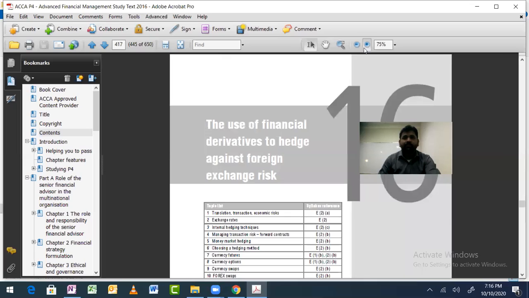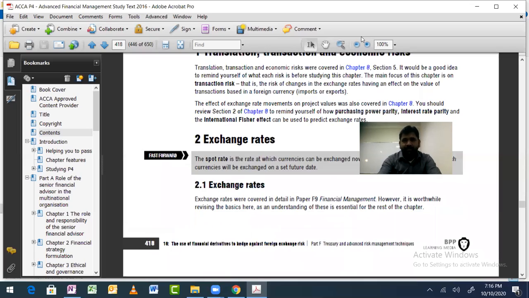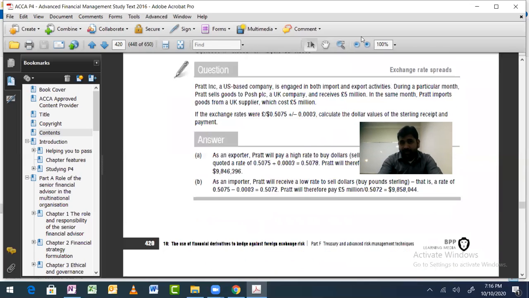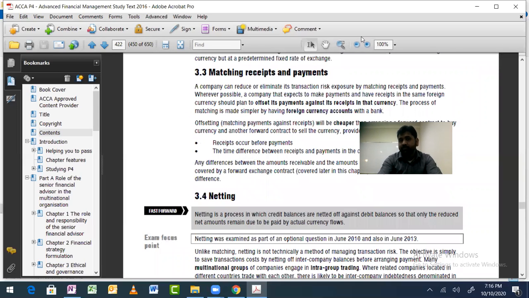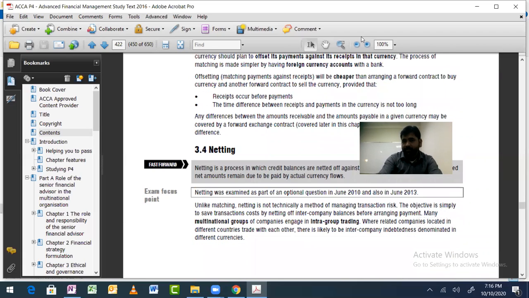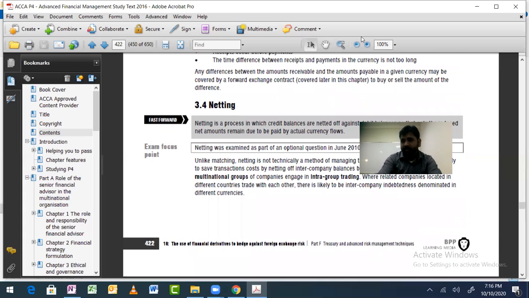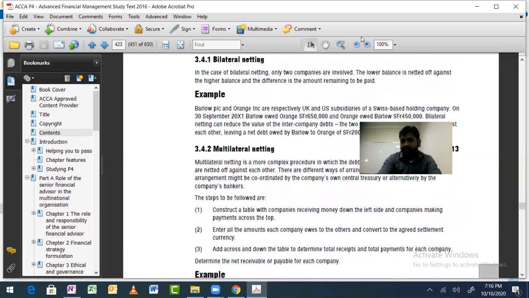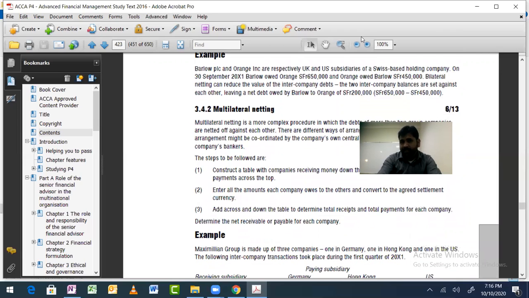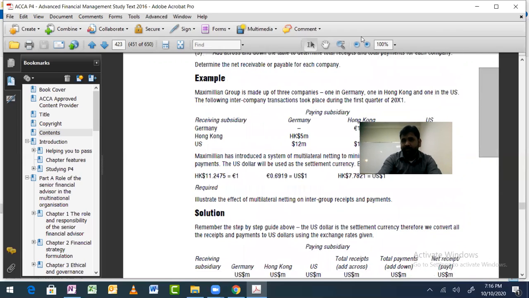This is our foreign exchange risk, and here they have given us many things. I'm just trying to go directly to the page where they have given us questions from the money market. And if you remember netting, we did one question last class. See, bilateral netting, they have given an example of that. Then multilateral netting, and they have given us an example.